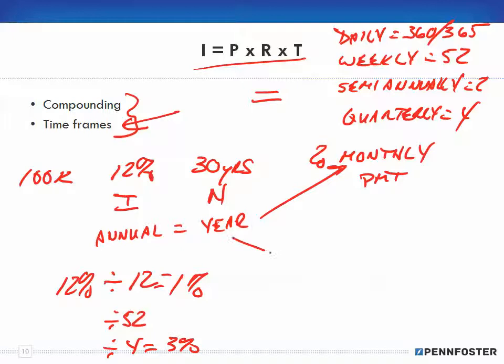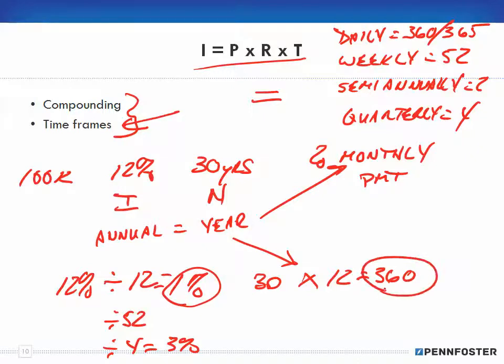Now, for the number of periods, we're going to multiply. So for 30 years, we would multiply by 12 if we wanted to know what it is monthly, and that means there are 360 months in 30 years. So once we have converted our interest rate into a monthly rate and our number of periods into months, now we're able to calculate the monthly payment much easier.